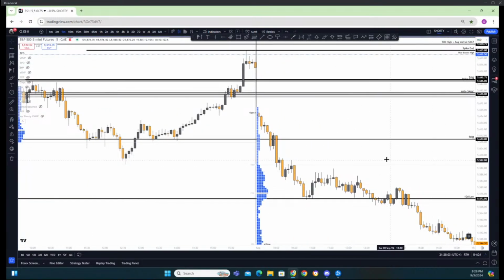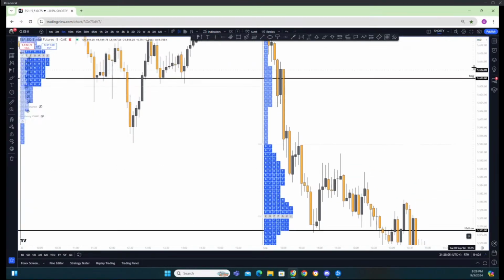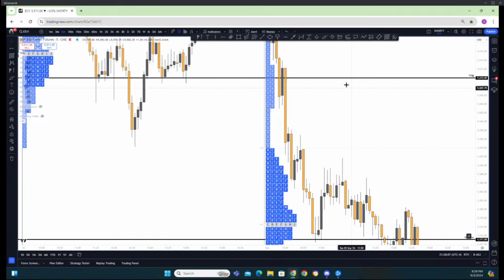And then I wrote today in the chat, if anyone paid attention, what did I say about the 8-period low here? If it broke, you said if we short it. It broke it. Yeah.